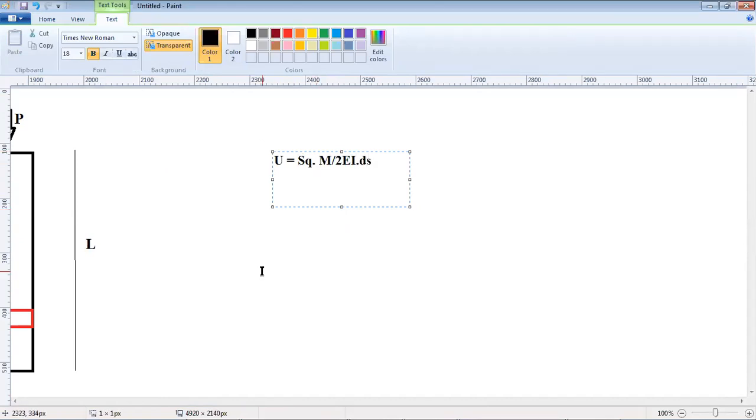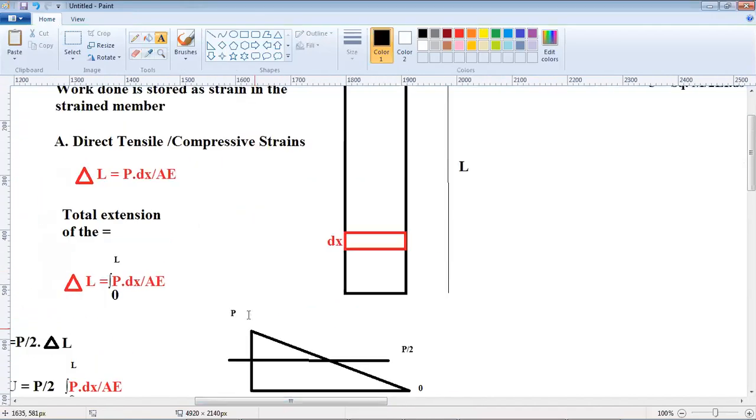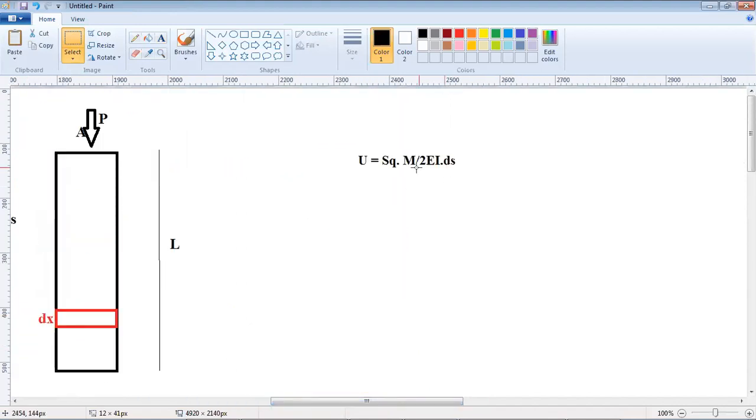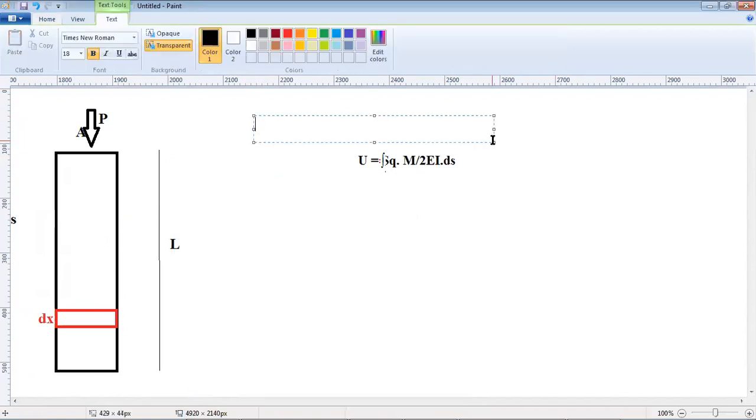So there will be an integral here. This is M square by 2EI into ds over a small incremental distance of ds for any member which is in bending strain.